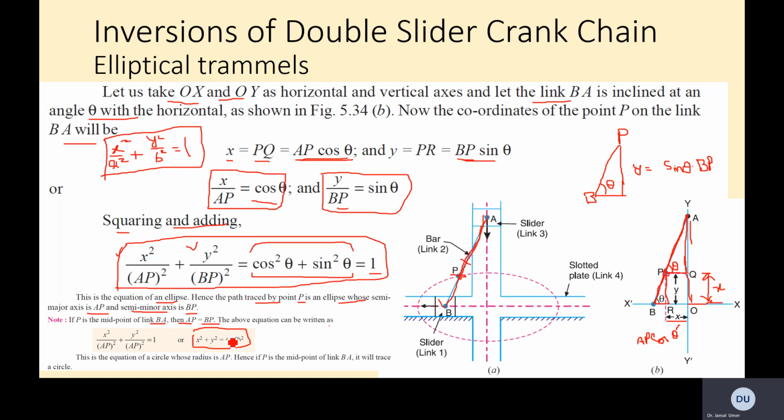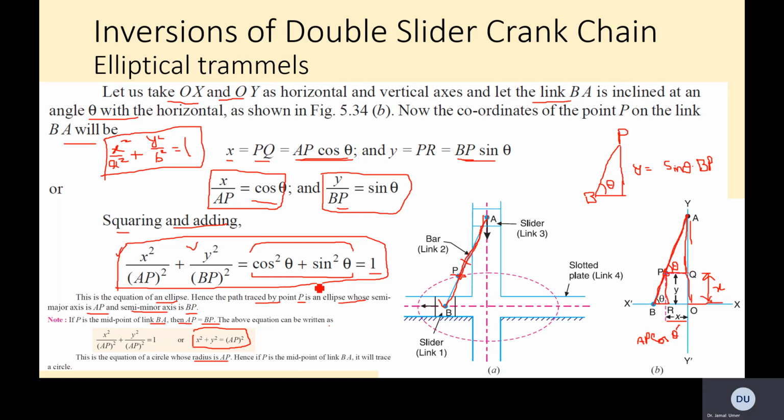So AP is r now. So this is the equation of a circle whose radius is AP. Hence if P is the midpoint of link BA, it will trace a circle. So you see, these elliptical trammels, which are mainly designed to draw ellipses, can also be used to draw the circle as well.